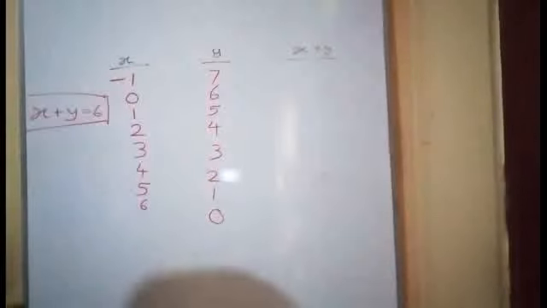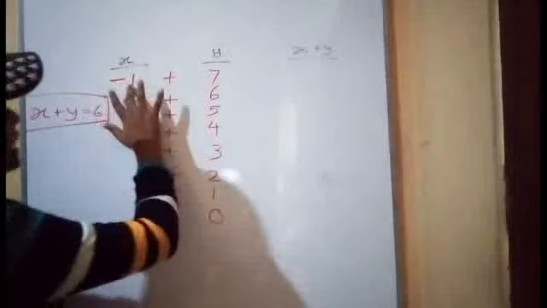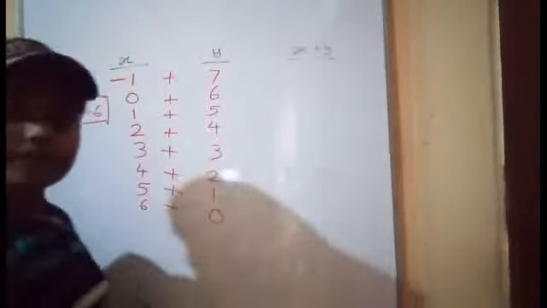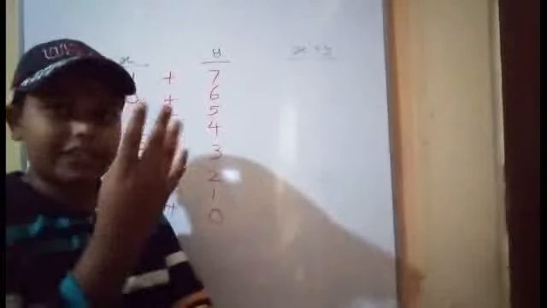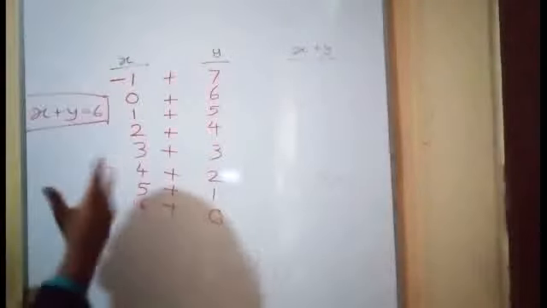So now we add these. And now what do we get? The minus 1 plus 7. Minus 1, 0, 1, 2, 3, 4, 5, and 6.